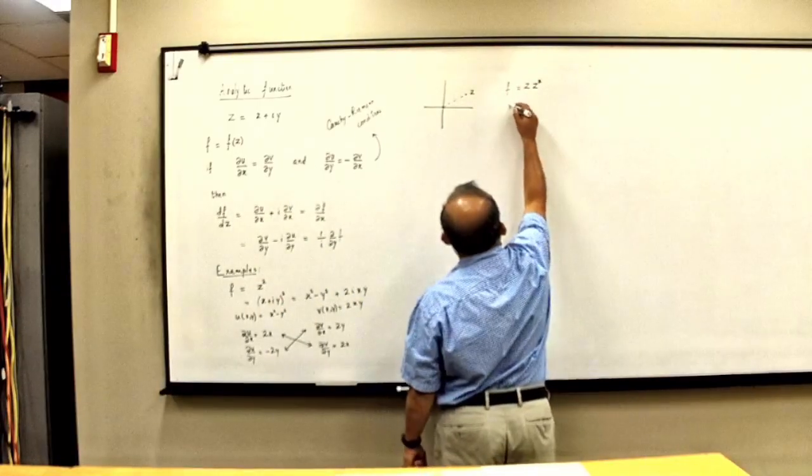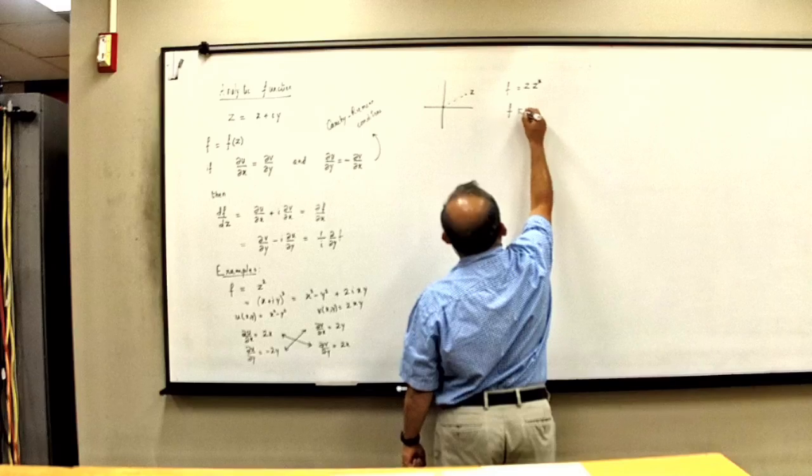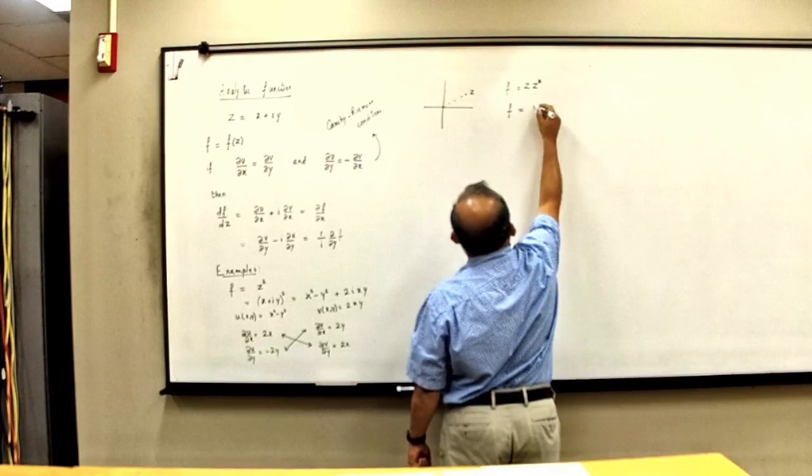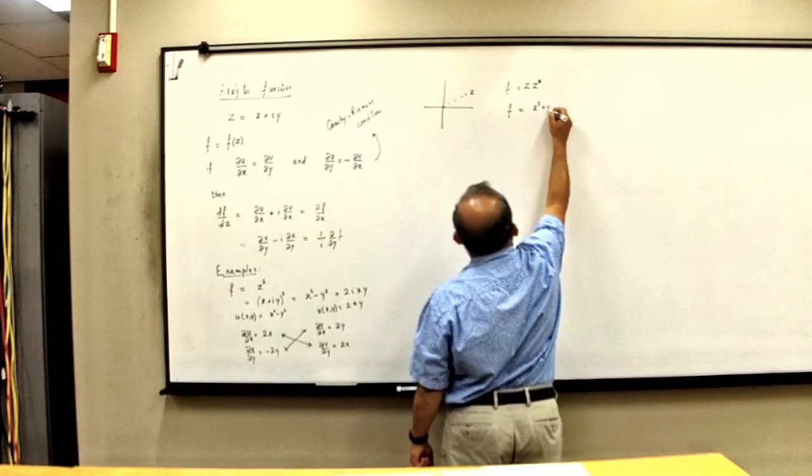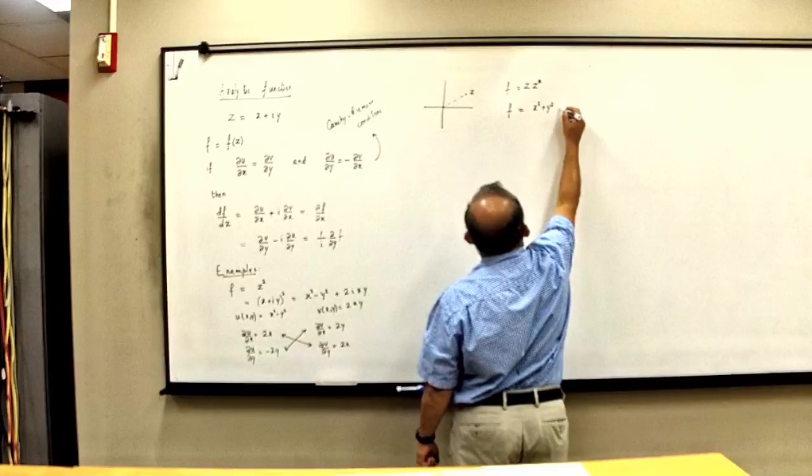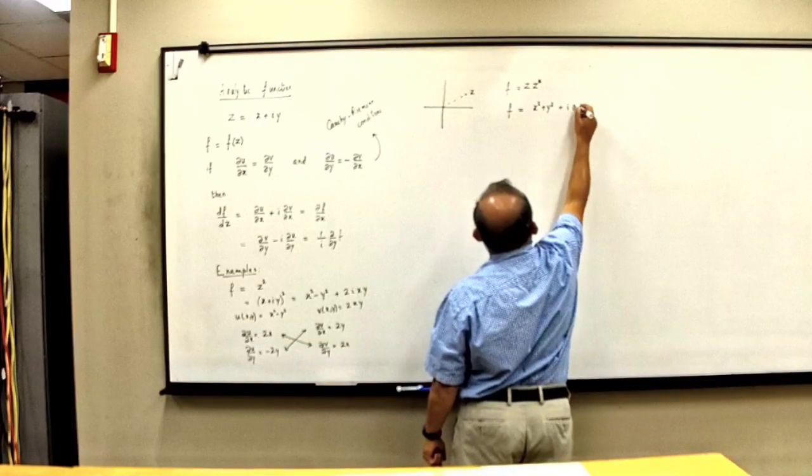So f is equal to x squared plus y squared, and that's it, right? Plus i times 0.